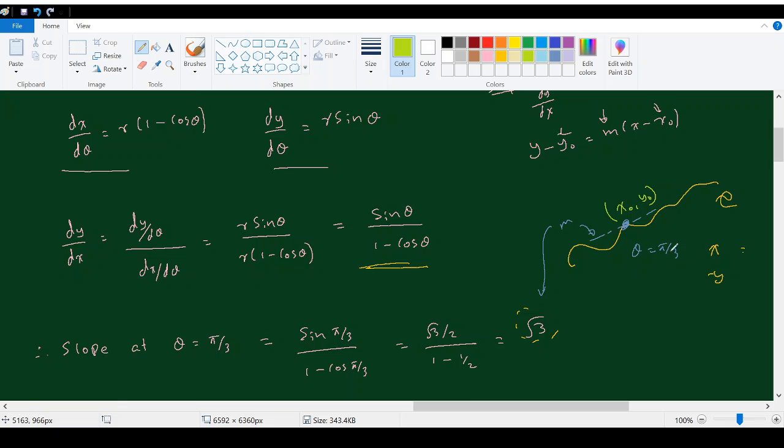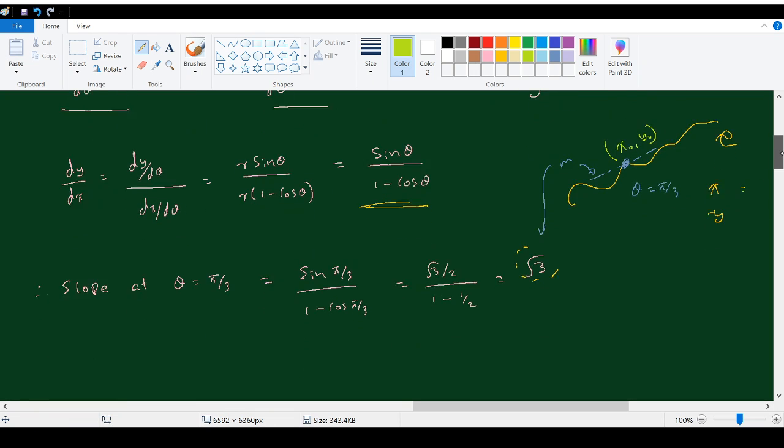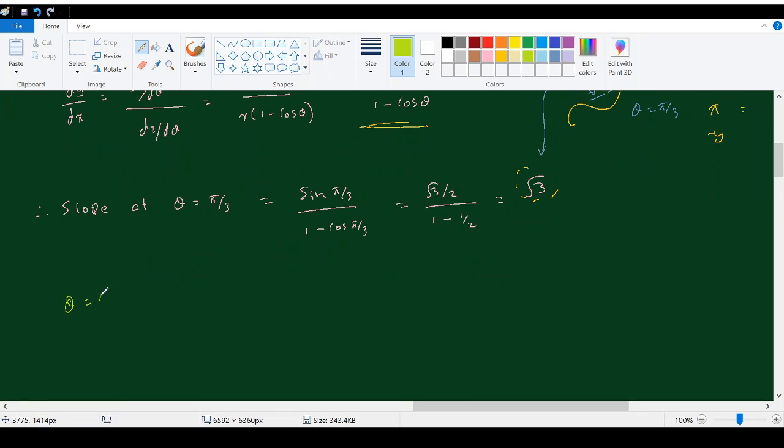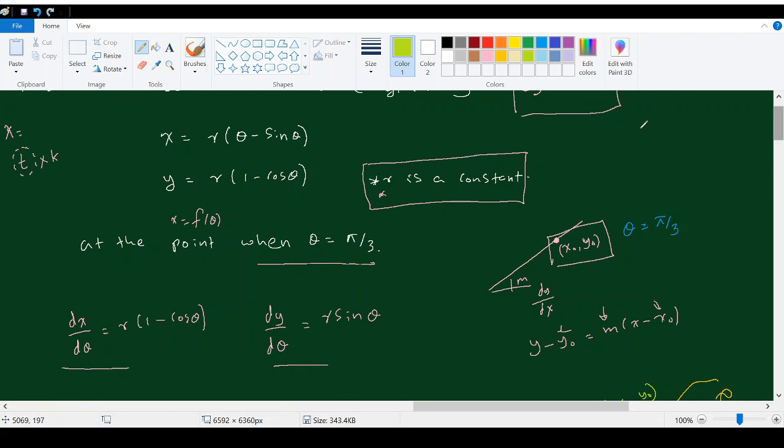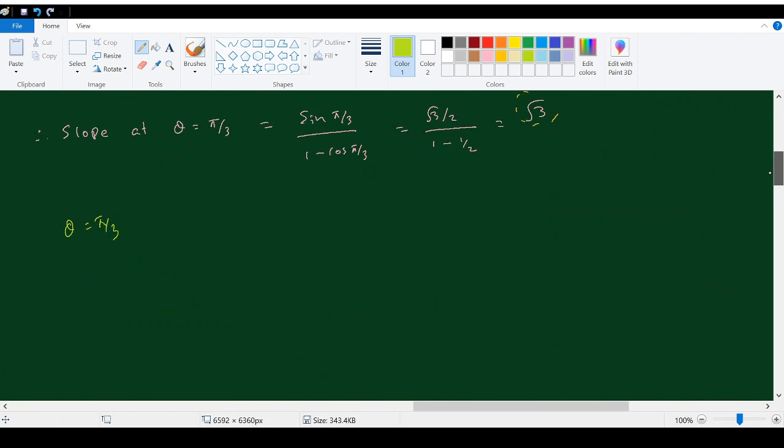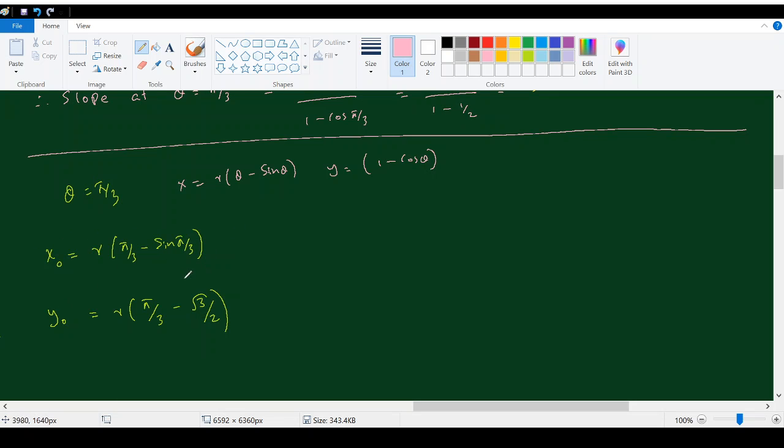In order to find the point, we should substitute theta equals pi by 3 in these two given equations, right? Then we have x equals this one and y equals this one. Now see, here we are not changing r because it's just a constant term, right?